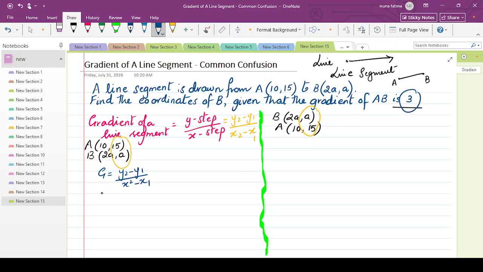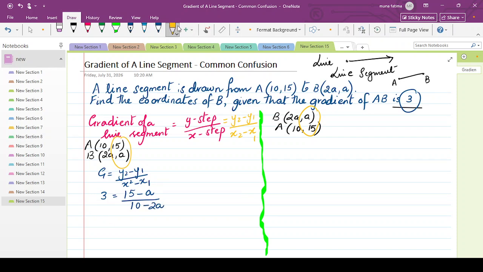So substituting, 3 is equal to, now I'm taking the y coordinate of the point here first, 15 minus a. This gives you the y step, and the x step is 10 minus 2a.